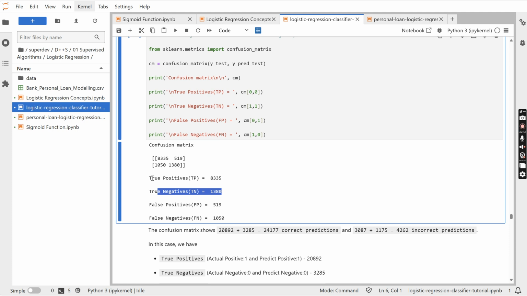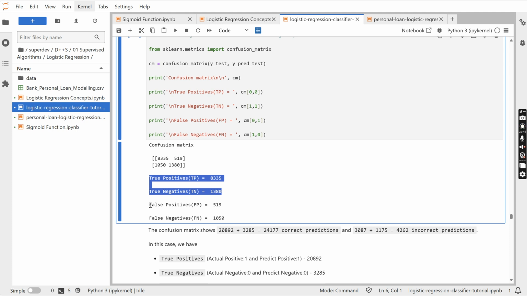If you combine only the true cases, these are telling you that true positive means it rained, because we are talking about the rain use case. Whether it has rained or not, that is what we are discussing. 8,335 times it rained. 1,380 times it did not rain. These are true cases, actual cases.